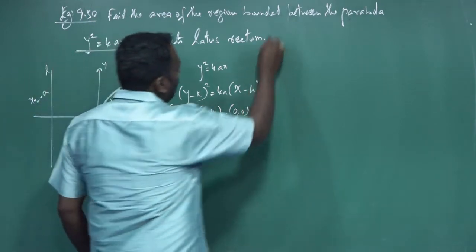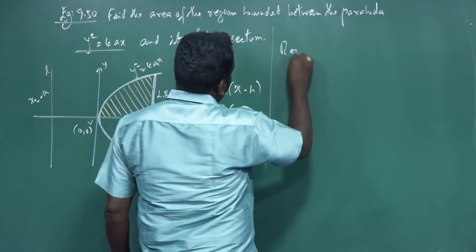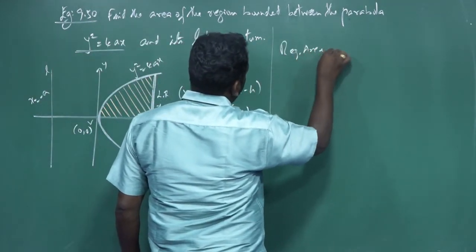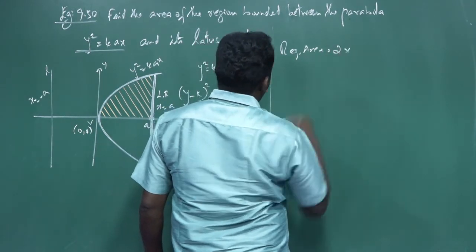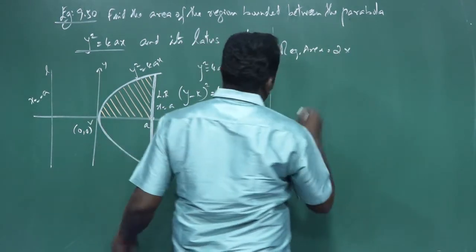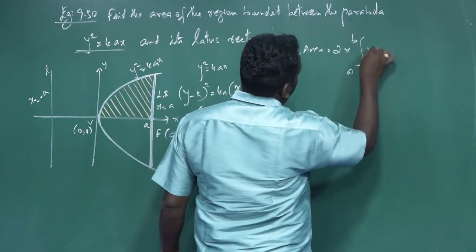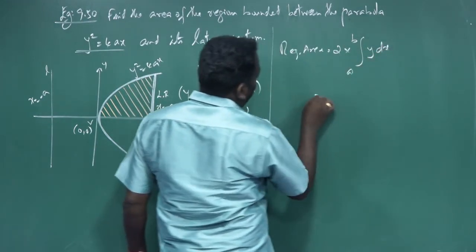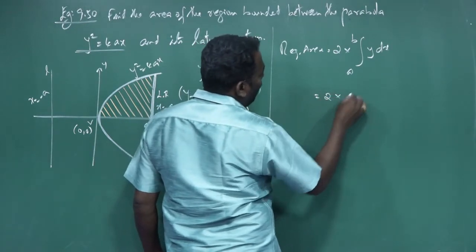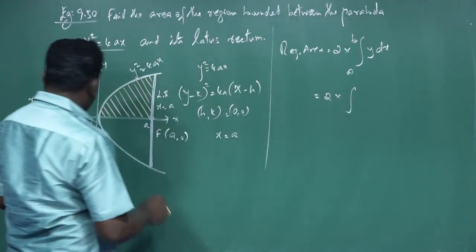Therefore the required area is equal to 2 times the integral of y dx from 0 to a, that is 2 times the curve integral over the required boundary.